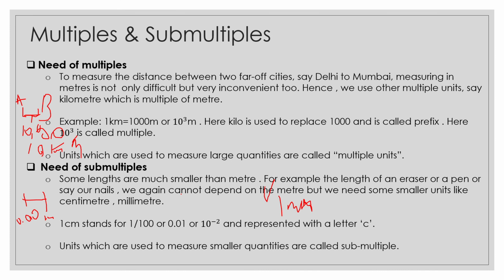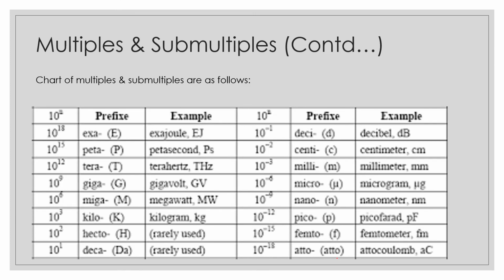So that is a submultiple. 1 centimeter stands for 1 by 100, or 0.01, or 10 to the power minus 2, and is represented with the letter c, small c. Units which are used to measure smaller quantities are called submultiples.